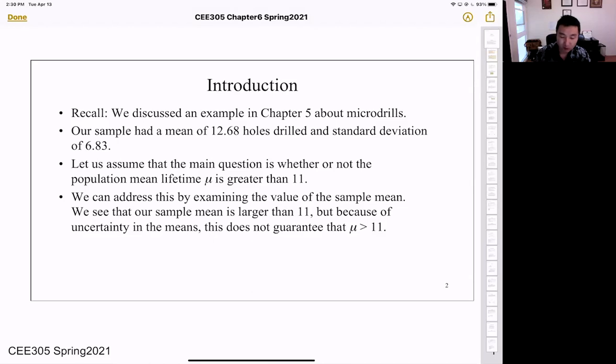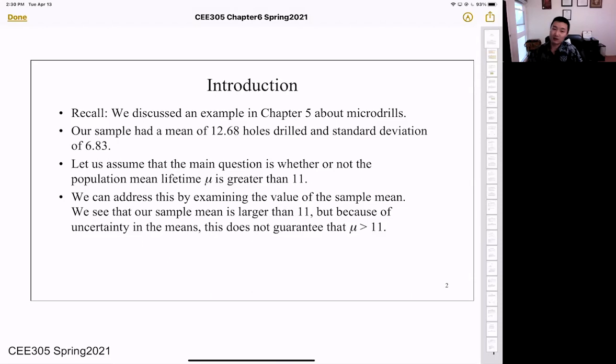From the sample mean, we can see it is larger than 11. So 12.68 holes is actually larger than 11. However, because we have uncertainty in the mean value, we have a difference between the sample mean and the mean for the whole population.